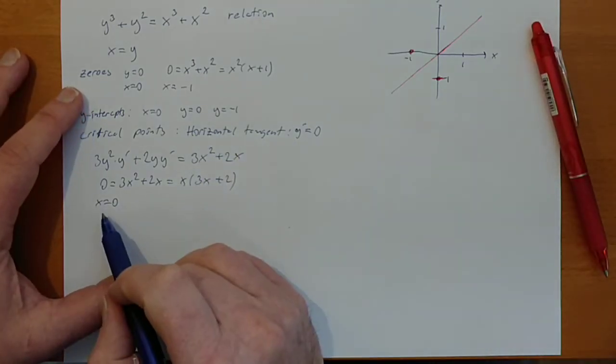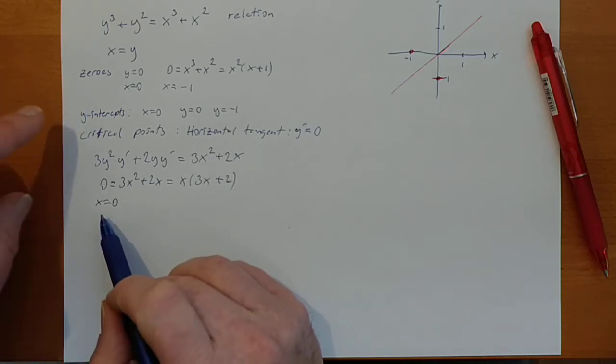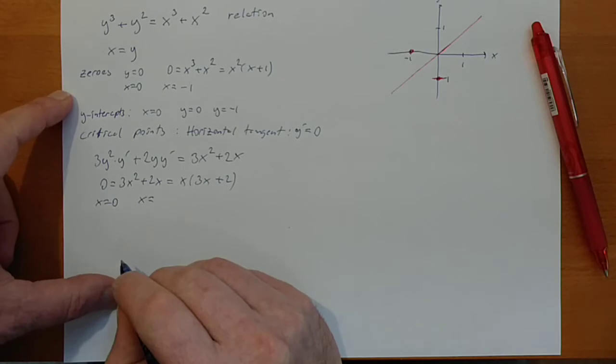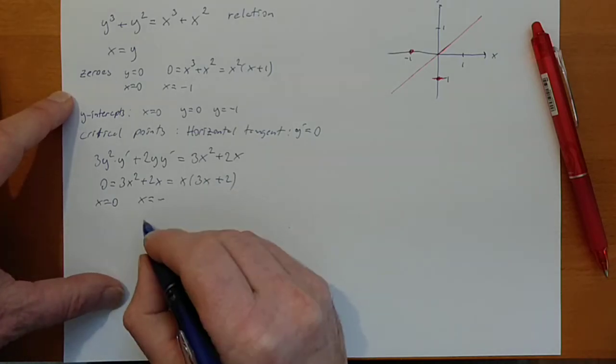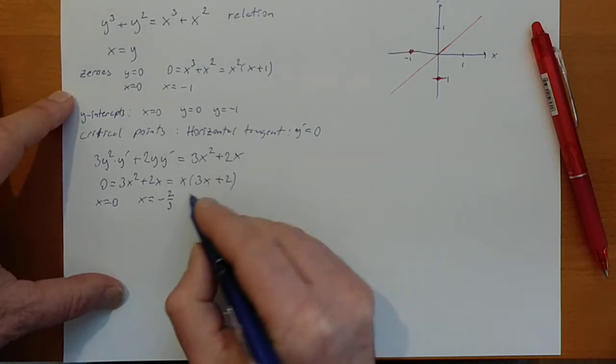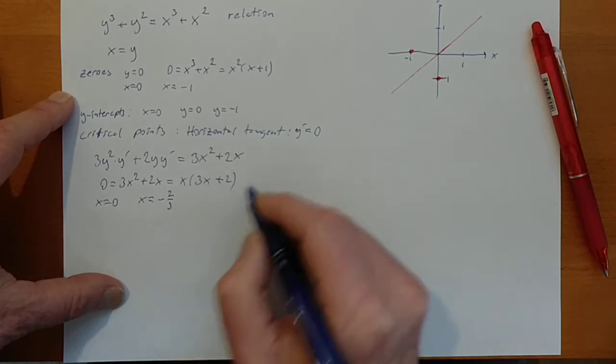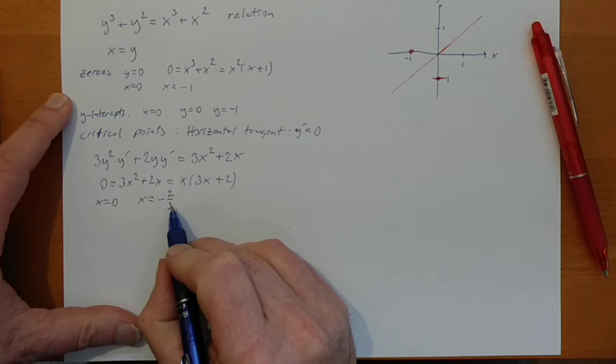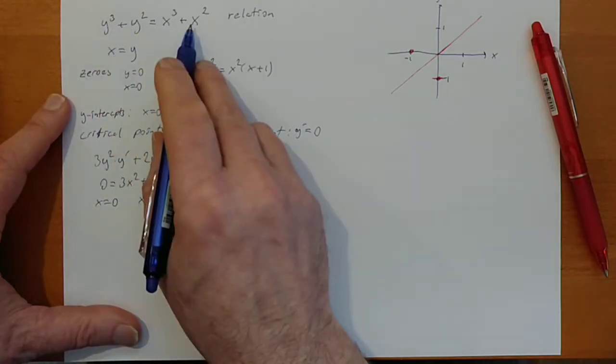Now we can plug, of course, in to find the y value. We also find another x value, right? x equals negative 2/3, if we solve this by the null factor law. And what we can do is plug in this value into our original relation.